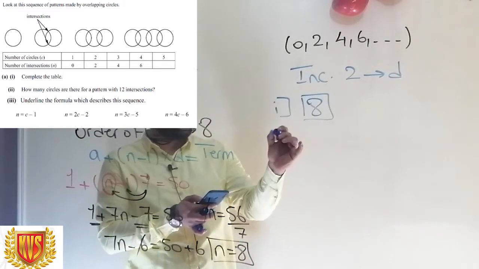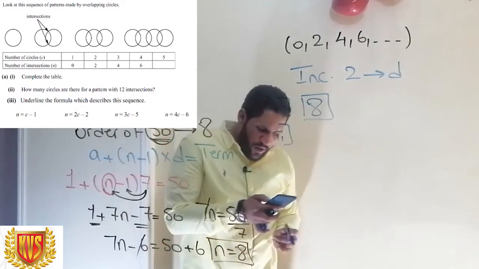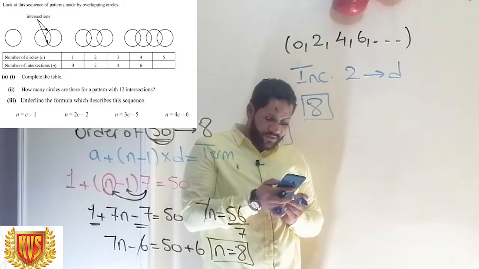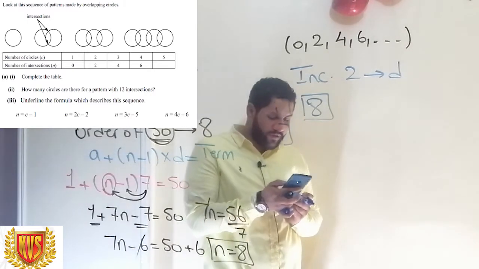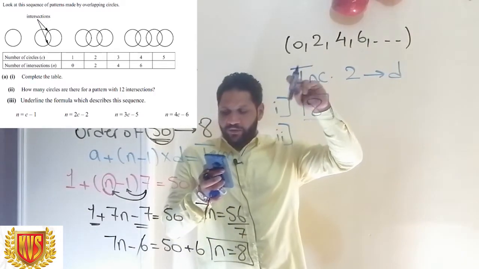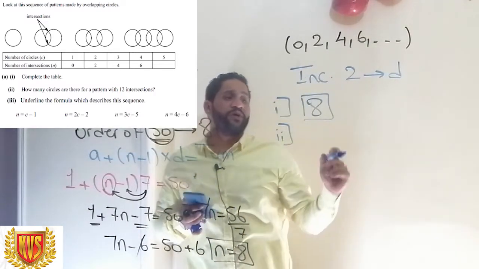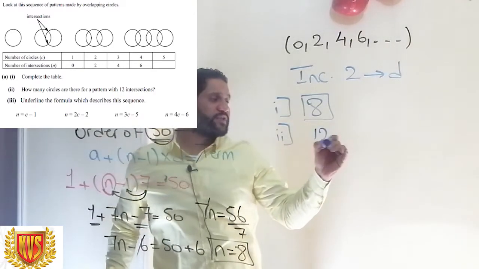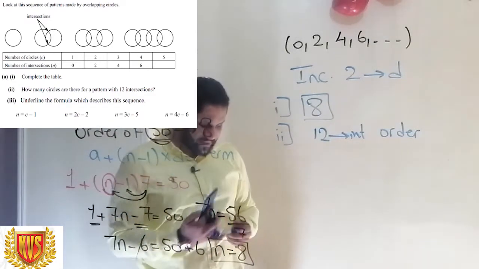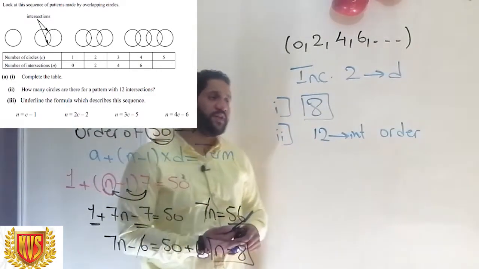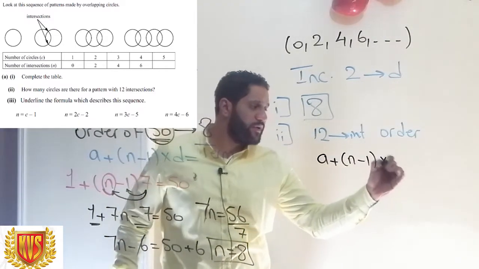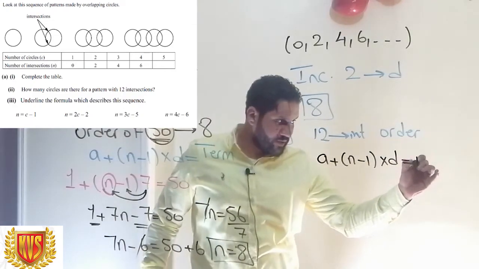This is the answer of part i. Let's look at part ii. How many circles are there for a pattern with 12 intersections? Okay, when I have 12 intersections, we want to find my order. That means that I need to get my nth term rule. The rule is a plus bracket n minus 1 times d equals the nth term.